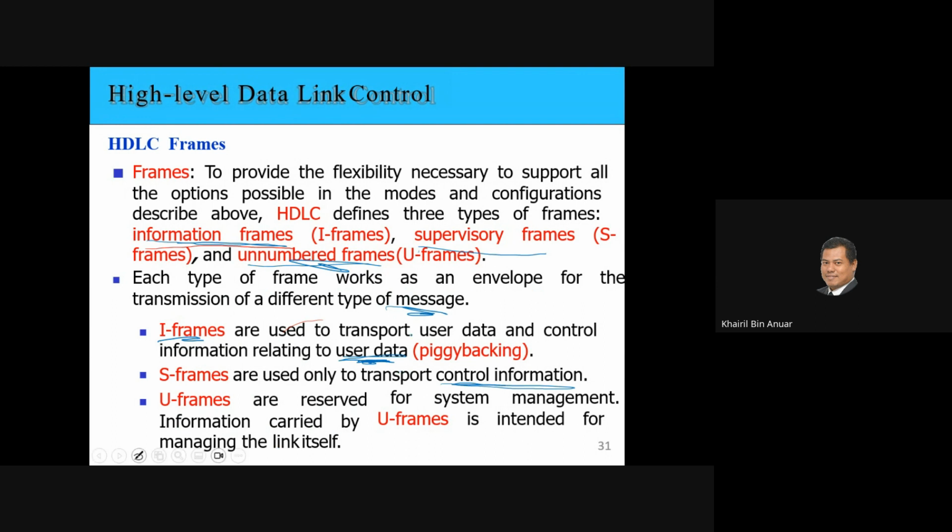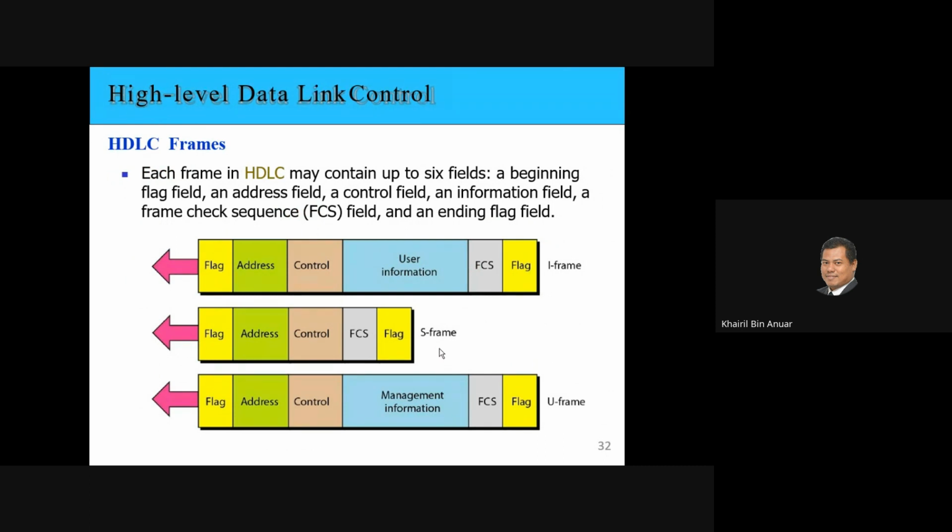So this is for your user data, where information can be piggybacked. This one is just for your control information, and this one is reserved for anything that you need to use later on. For the S-frame you see that there's no user information, nothing.